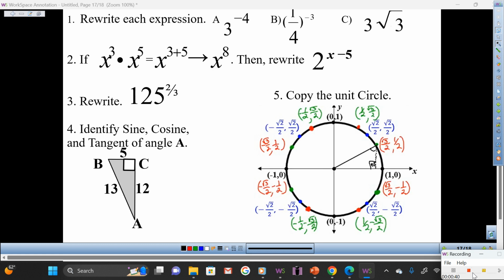All right, here we go. Number one. Help me with number one, Lorena, 1A. 1 over 81. 1B, Fabian. You got what?